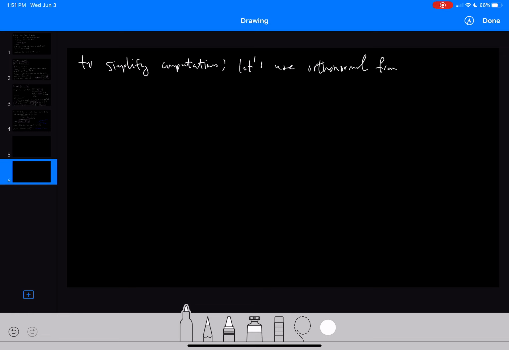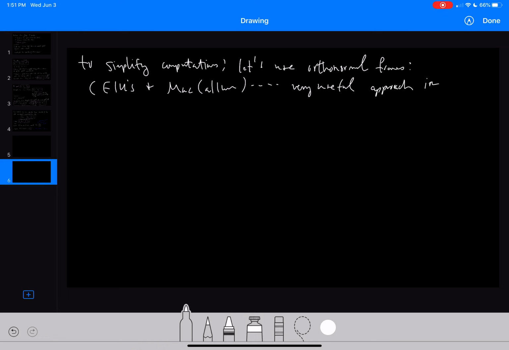So to simplify computations, let's use orthonormal frames. I also like to mention this a lot because all the work I've done in GR and cosmology has used orthonormal frames before. Orthonormal frames have been around for a long time, but the approach itself was pioneered by Ellis and MacCallum, and it's a very useful approach in cosmology.